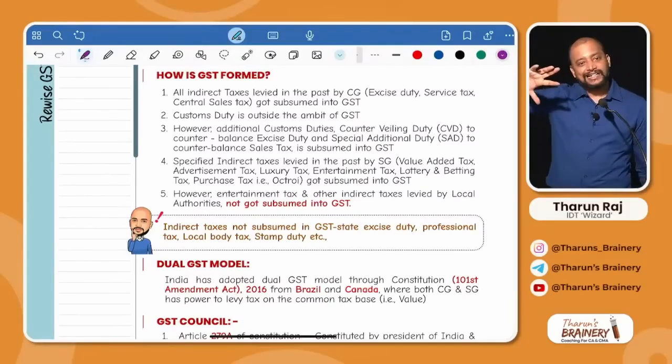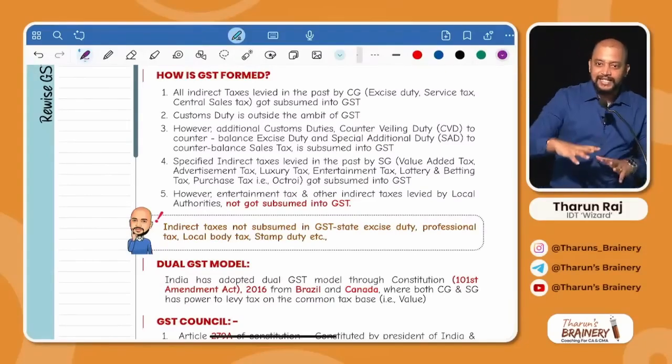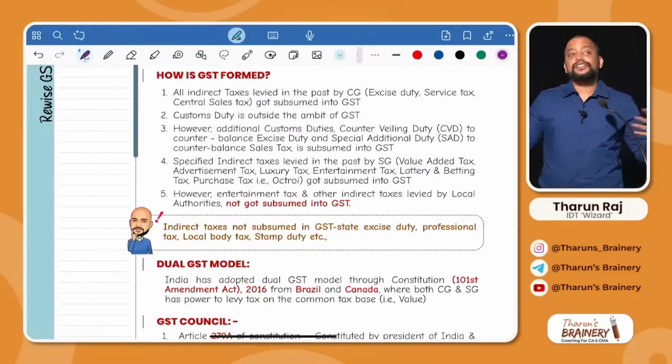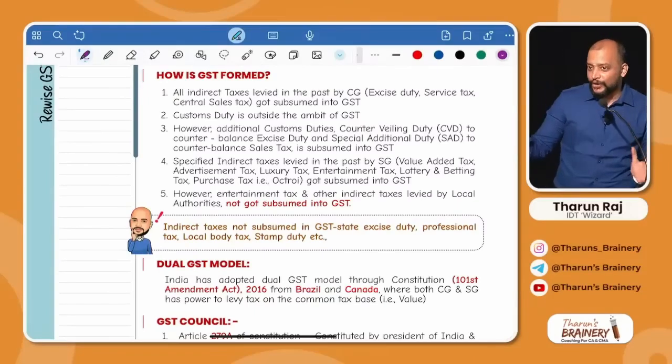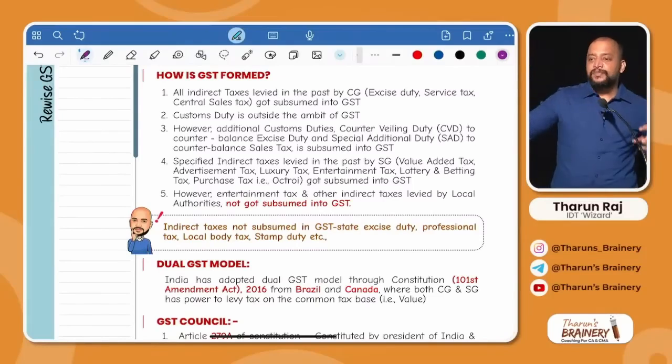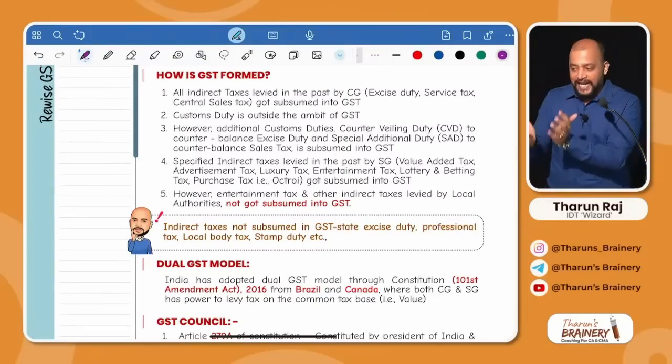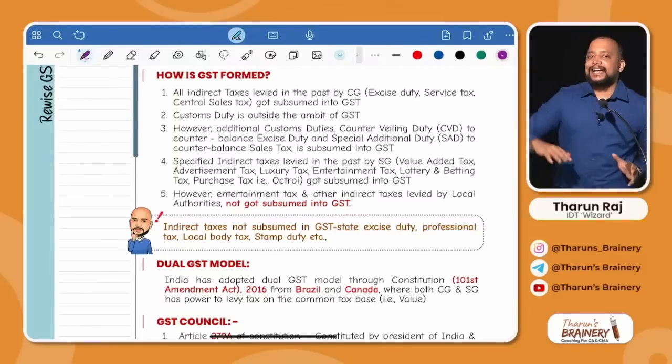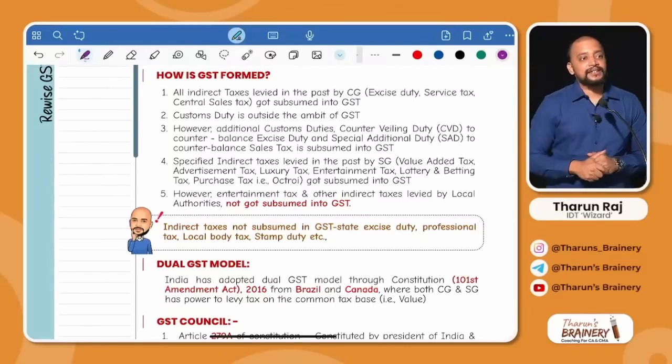A lot of old indirect taxes have merged and they have made GST. So this is not something new, okay. This was already there, but it was under different names and now they are just giving it one name by grouping all the taxes. What are those indirect taxes which were levied in the past?